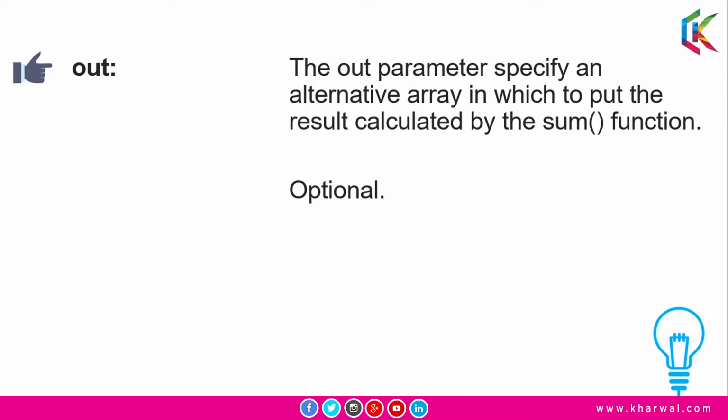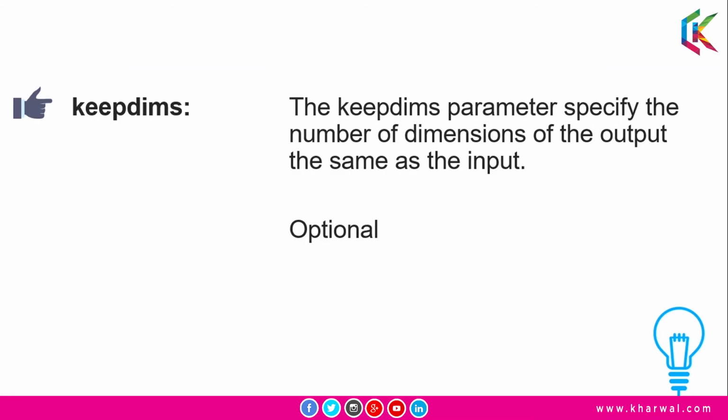Now moving on to the next parameter, and that is keepdims. The keepdims parameter specifies that the number of dimensions of the output be the same as the input, and it is also an optional parameter. So think about what the sum function is doing. When the sum function operates on an array, it is taking a multi-dimensional object and summing up all the values.